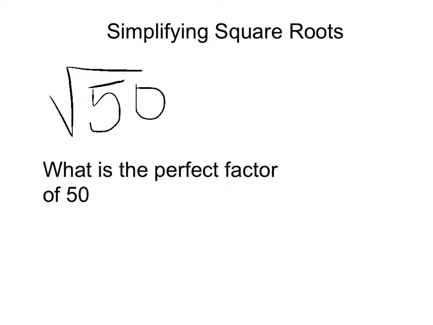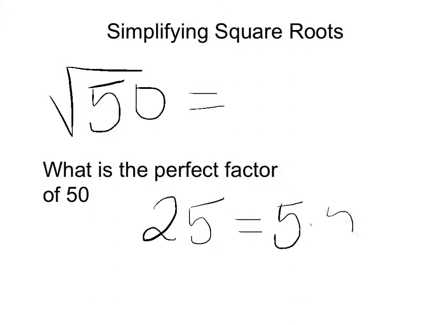And most of you came up with 25. 25 goes into 50, it's a factor of 50, and 25 is equal to 5 times 5. So the square root of 25 is a whole number, 5.